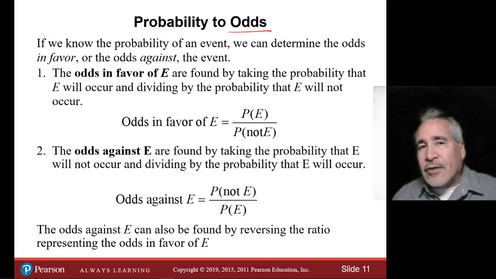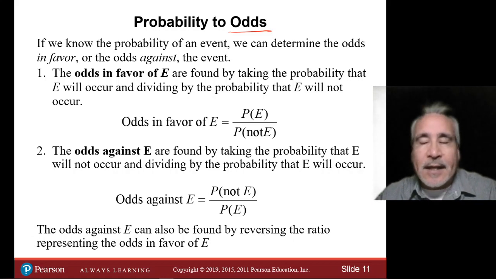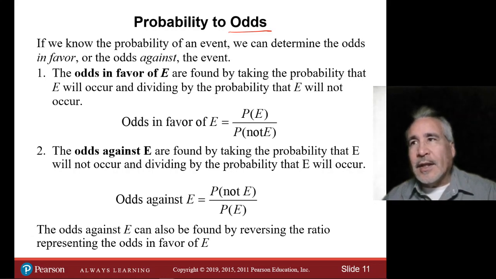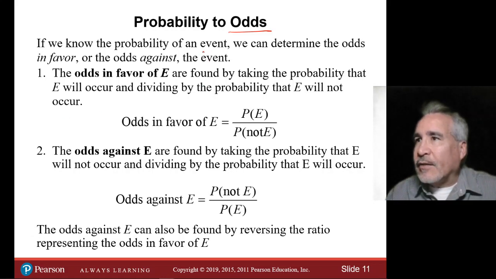Now, odds is used oftentimes in sports gaming, sports betting, the odds of something happening. It's horse racing, dog racing, those kinds of things. They keep track of things by odds, because what the odds are is not the total, it's the probability of the event. So we know the probability of the event, we can determine the odds in favor and the odds against.